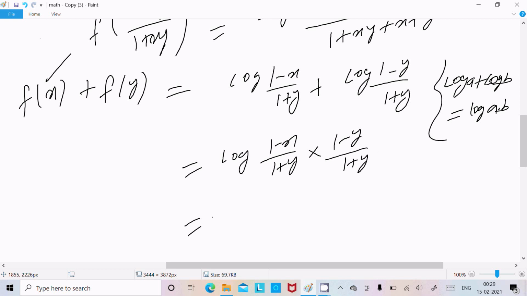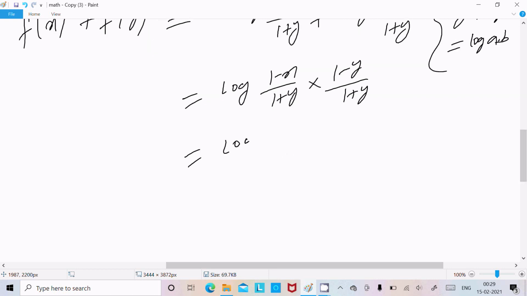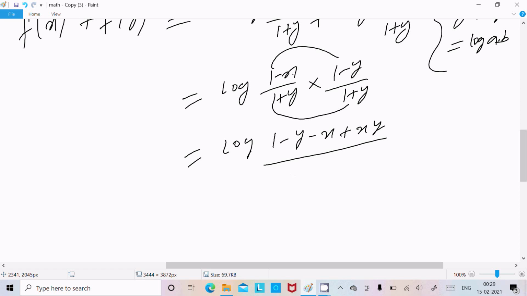So I'm going to calculate this all. In the numerator, 1 multiplied with this all comes 1 - y, minus x multiplied with this all, so it comes xy. In the denominator, 1 multiplied with this all comes 1 + y, plus x multiplied with this all, it comes xy.